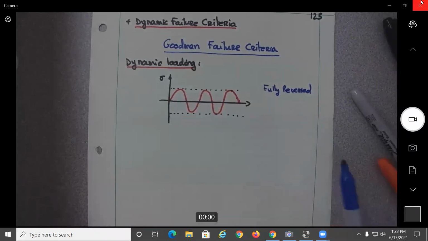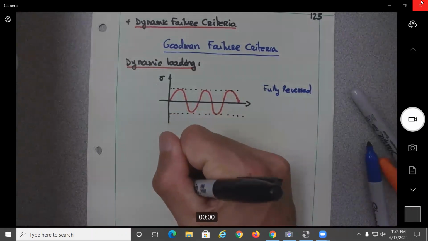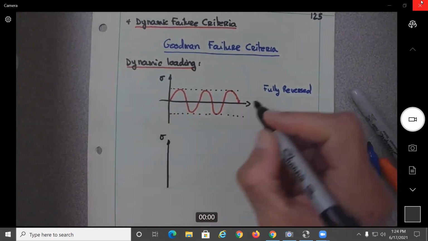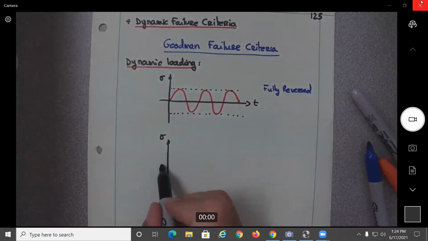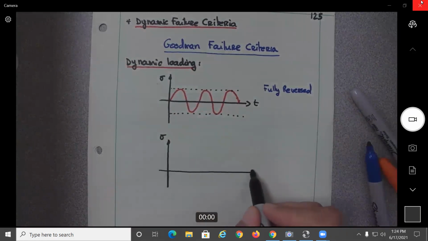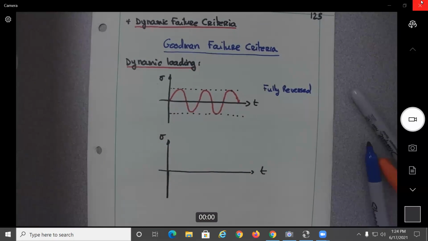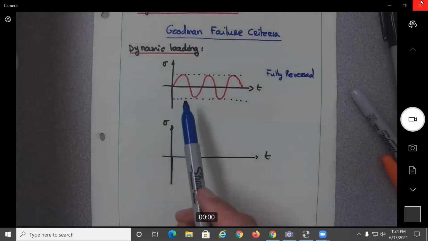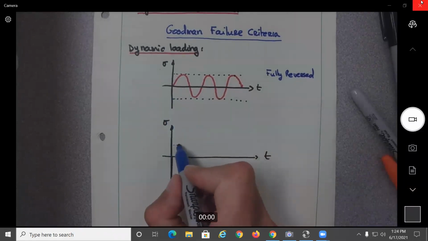There's another type of loading that this time, if we do the same thing over here, it will be the stress. This is time over here. So it's kind of the same as the fully reversed, but instead of having a mean stress of 0, let's say you can come over here.